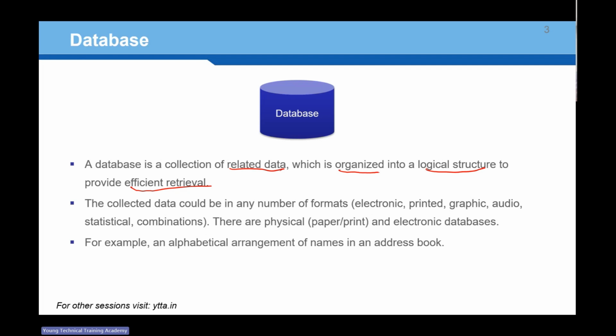Maybe I might be using an Excel file; in an Excel file also, I can create a small database, right? The data which I'm collecting could be in the format of electronic details, printed details, audio. These days, we are running into the AI culture, right? In the case of AI, we have lots of data, and when I'm collecting those data, it becomes itself a database. It's an arrangement where you're putting lots of data in a logical structure.